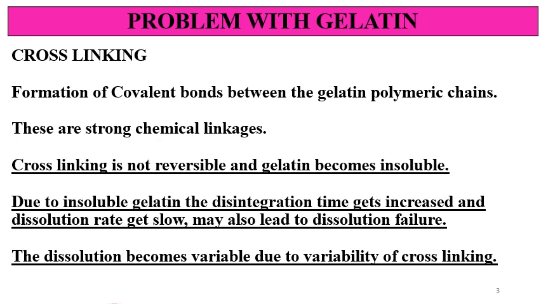You cannot predict batch to batch uniformity or unit to unit similarity. Due to cross-linking, unit to unit variability and batch to batch variability will be there.